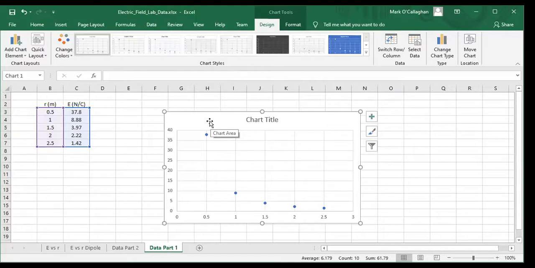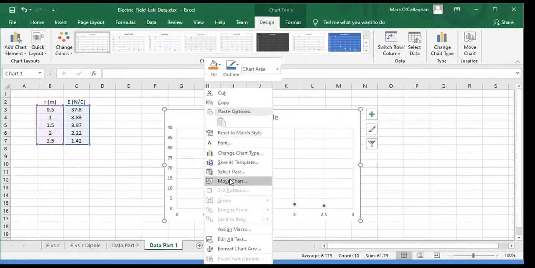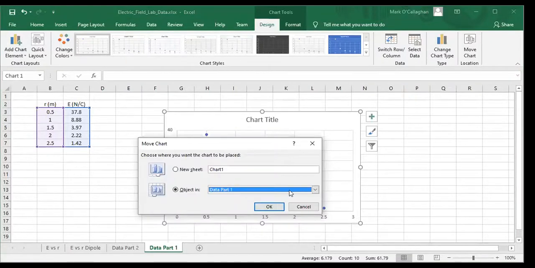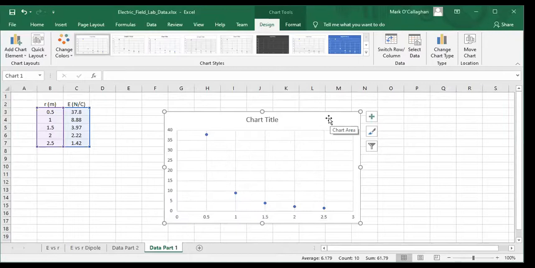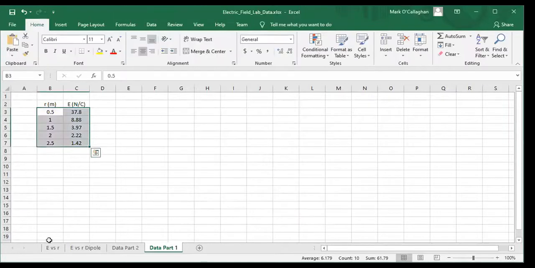I even changed the color of the data points to black, which shows better. When I was all said and done, I did a move chart, and I created a name for my chart. I called it E versus R. I did all that this morning. And when I did all that, I got the following plot.